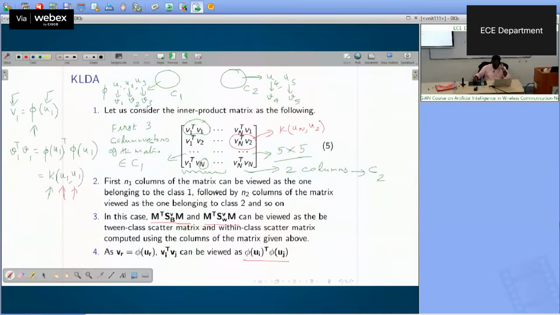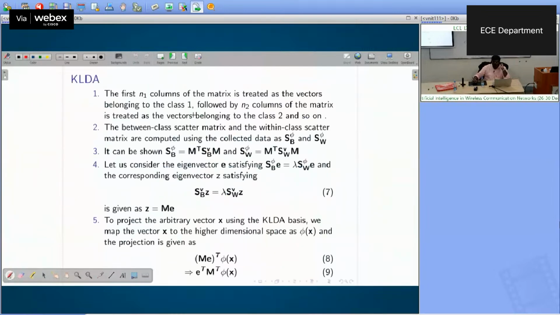So once these matrices are computed, I can find out this eigenvector E. So what is SB phi? This one I am defining as SB phi, nothing special in it. M transpose SBV M is SB phi here. M transpose SWV M we call SW phi here. SBV and SWV are the between class scatter matrix and within class scatter matrix computed using the vectors in the high dimension.